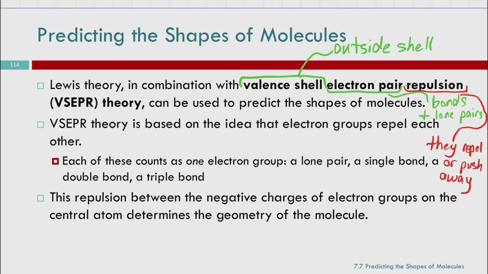That's the entire idea behind VSEPR theory. So we've got four groups that show up in this class. We've got lone pairs, just two electrons. We've got single bond, one line, double bond, two lines, triple bond, three lines. Those are all made up of electrons. Electrons repel each other.